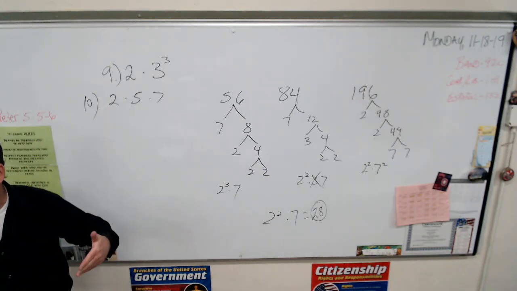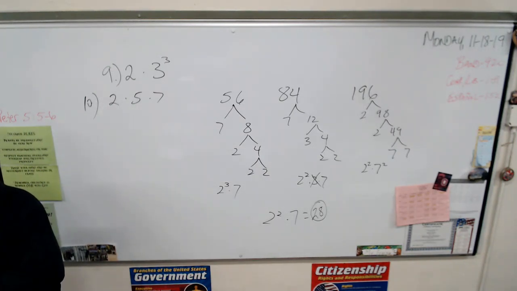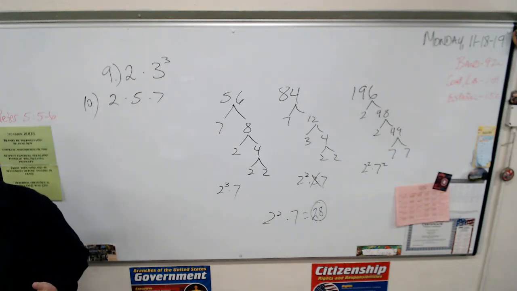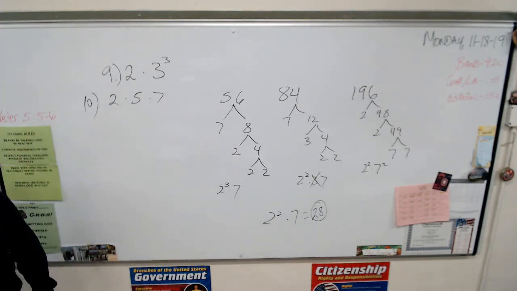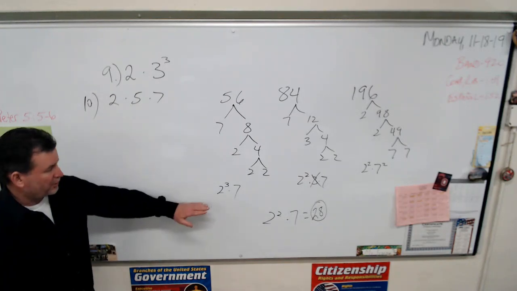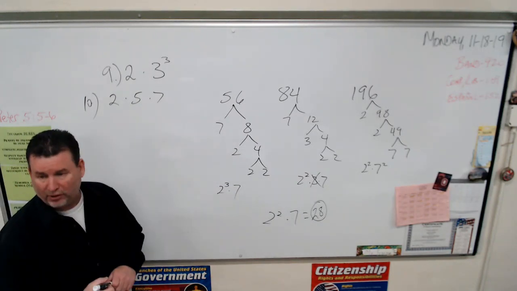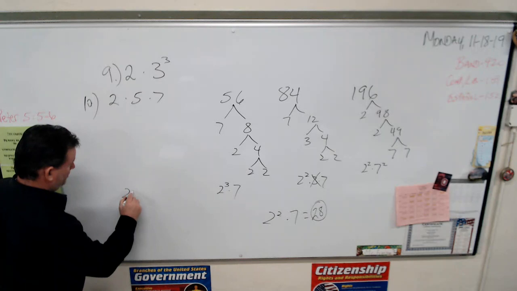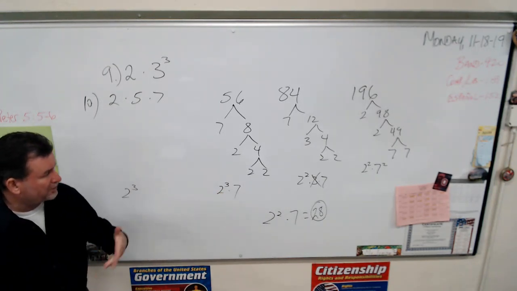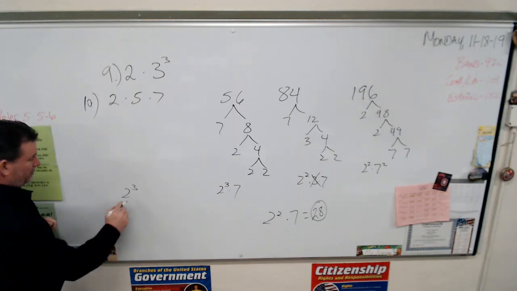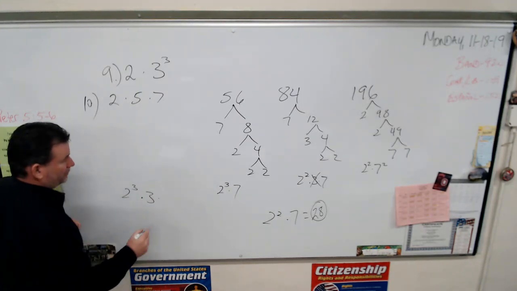To find least common multiple, you don't even worry about whether they're all in common. You use every factor to its highest power. So there's a 2 involved. What's the highest power of 2? 2 cubed. There's a 3 involved. What's the highest power of 3? 3. There's a 7 involved.